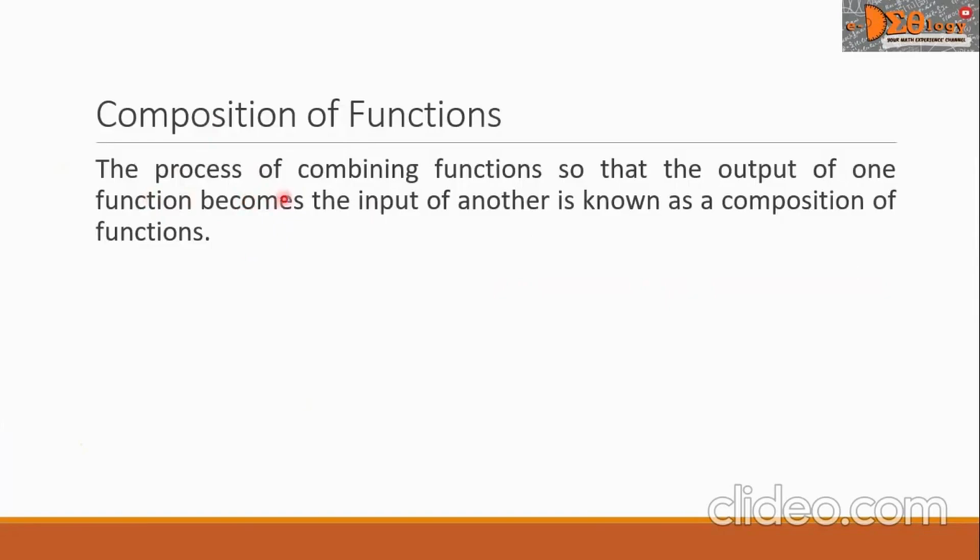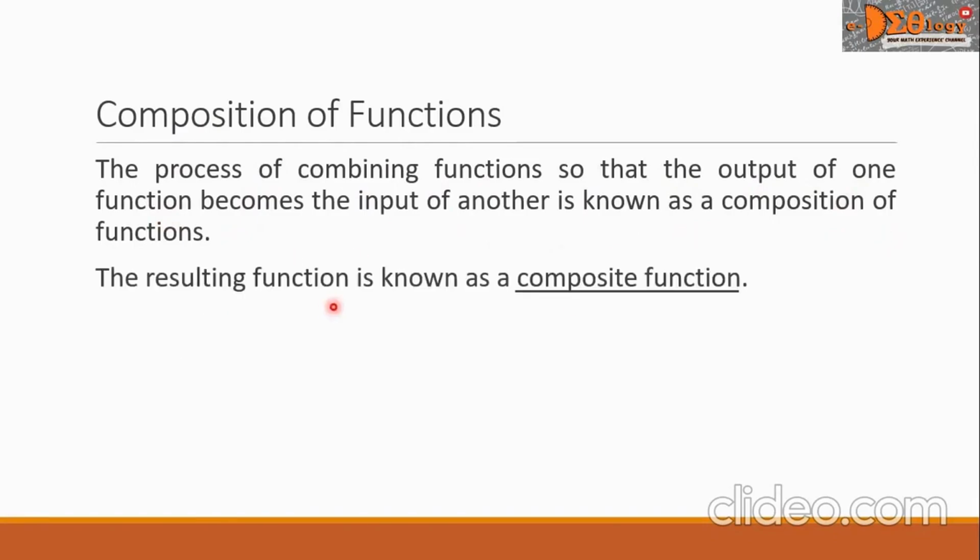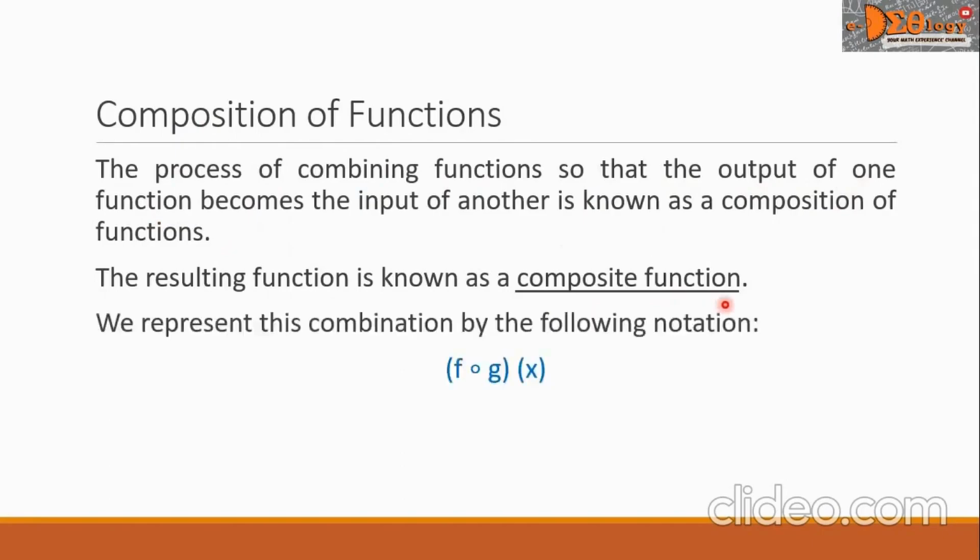The process of combining functions so that the output of one function becomes the input of another is known as a composition of functions. The resulting function is known as a composite function. We represent this combination by the following notation.